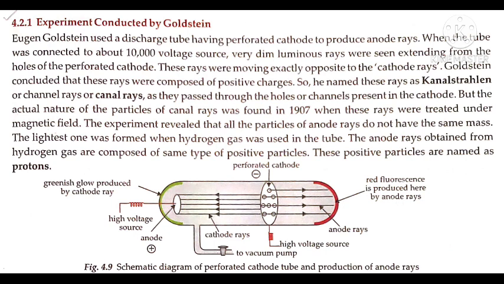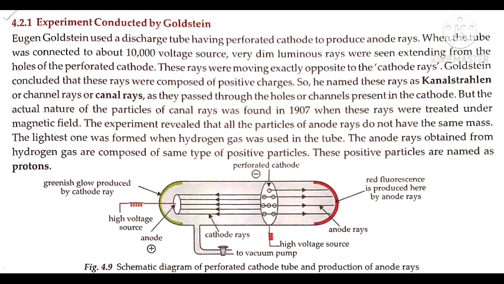Experiment conducted by Goldstein. Eugen Goldstein used a discharge tube having perforated cathode to produce anode rays. When the tube was connected to about 10,000 volt source, very dim luminous rays were seen extending from the holes of the perforated cathode. Perforated means having holes.